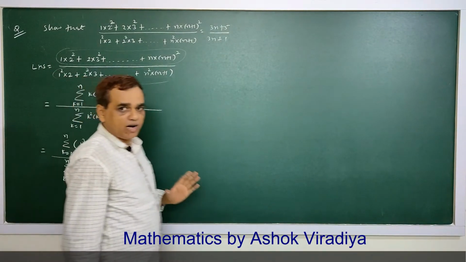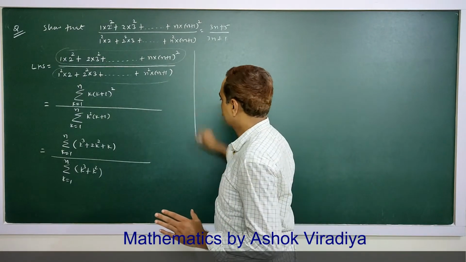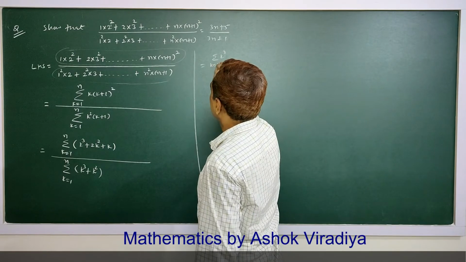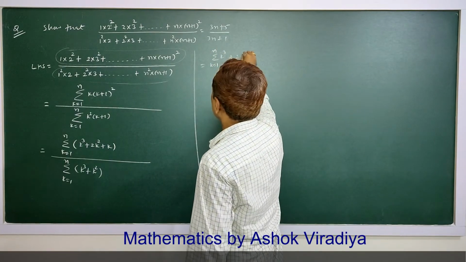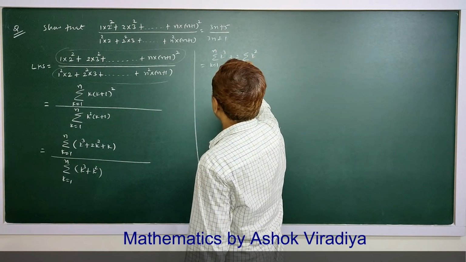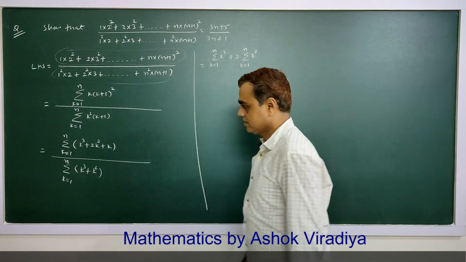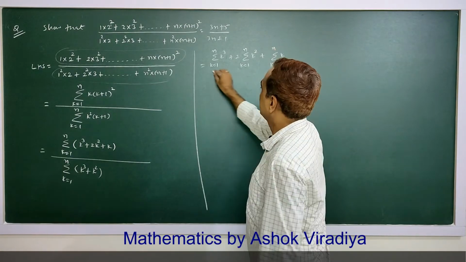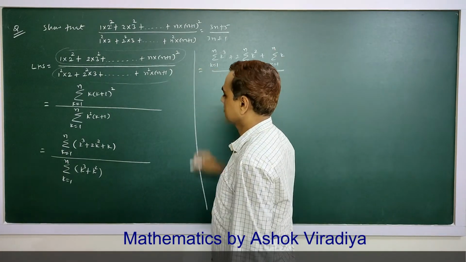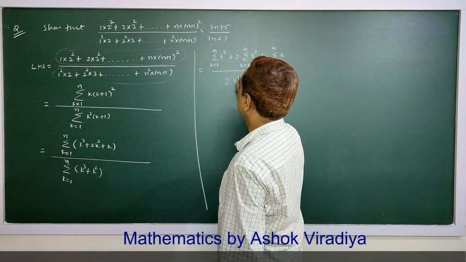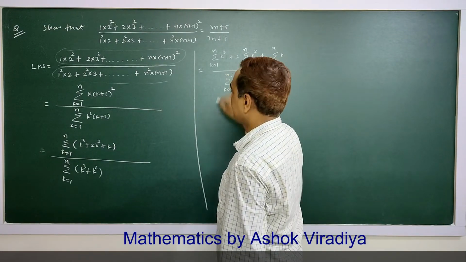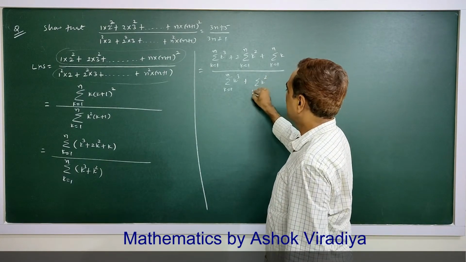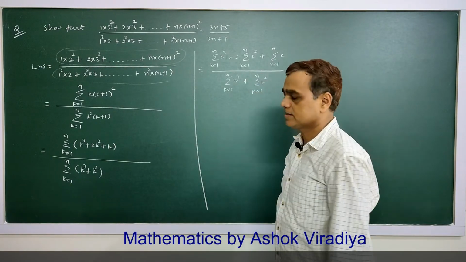Now distribution of sigma: sigma k cube, k from 1 to n, plus 2 times sigma k square, k from 1 to n, plus sigma k, k from 1 to n, divided by sigma k cube, k from 1 to n, plus sigma k square, k from 1 to n.